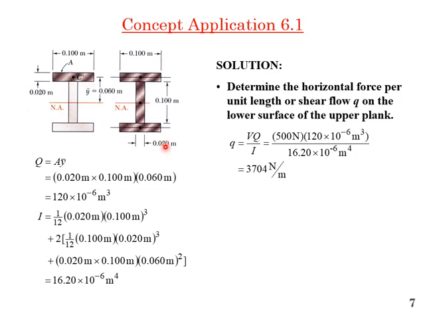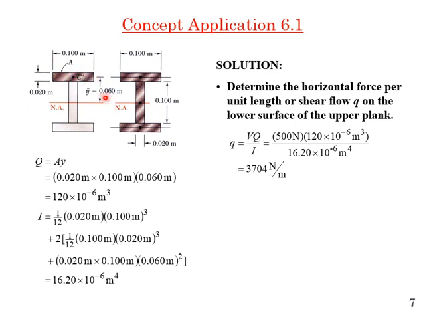Okay. Now for the value of Q, the first moment of area, that is area A multiplied by y bar. Y bar is the distance from the neutral axis, and the neutral axis will coincide with the centroid of this whole cross section, to the centroid of this shaded area.